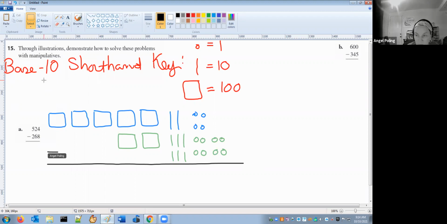And so what we have here is we start in the ones place. We try to take 8 units away from 4 units. We can't, right? So we're going to borrow. When we borrow a group of 10, we have a 10, which is 10 units. So we'll put our 10 units out.